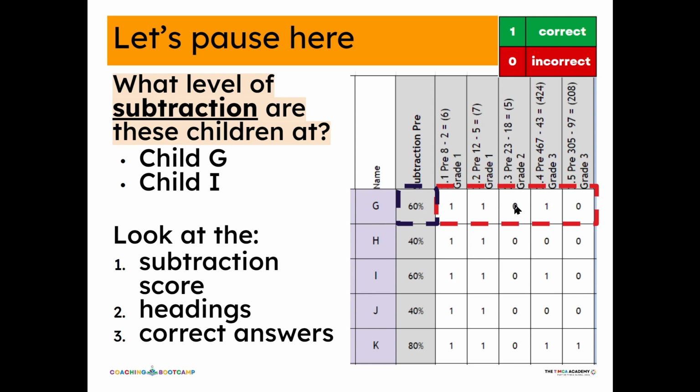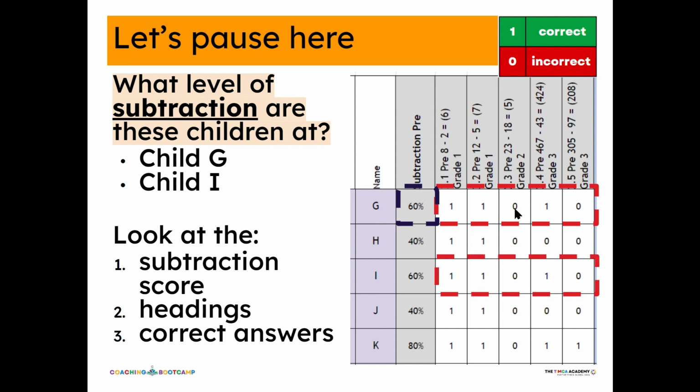The grade 2 question they didn't get right. But the grade 3 question they got right. I wonder why. Is it to do with the numbers and the strategies that are being used here? The harder grade 3 question for subtraction, they didn't get right. Okay, so it's an interesting one because there's no progression from grade 1 all the way up. There's a space in the middle here for this grade 2 that wasn't correct.